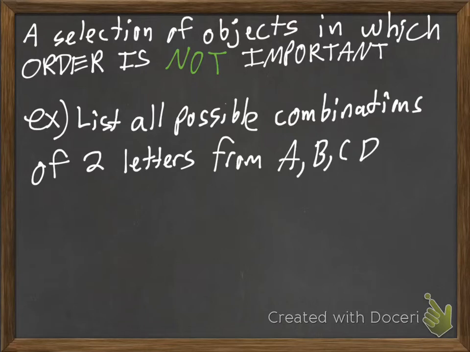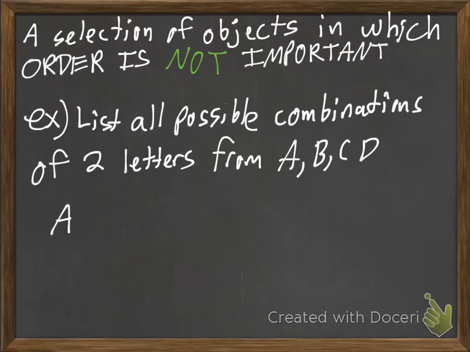So, we are going to list all possible combinations of 2 letters from A, B, C, and D. And like we did with permutations, I like to start with one letter and say you're first, list everything, next letter you're first. That's just how my brain works. If yours works different to get these all written down, that's fine, but after you're done, you should have 12 combinations listed.